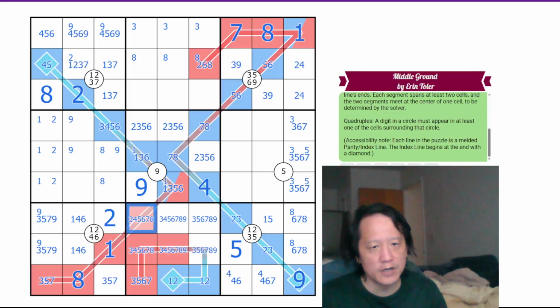This would be odd, or even. So this would be 1. No 1 here. It's 4, 6 as a pair. No 4, 6 in the rest of the column. This is 2, no 1 here. It's 3, 7. That 3, 7 eliminates 3, 7 here, so it's 5. This can't be 3 or 5, and it cannot be 6, so this is 4, which makes that 5.